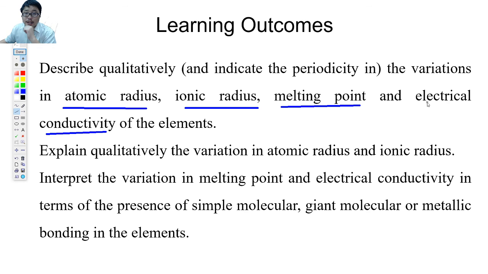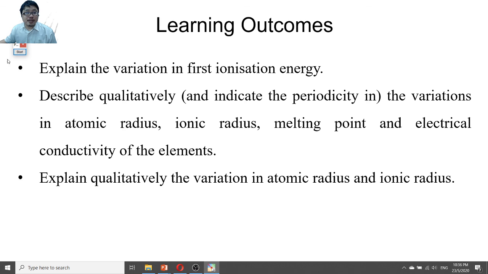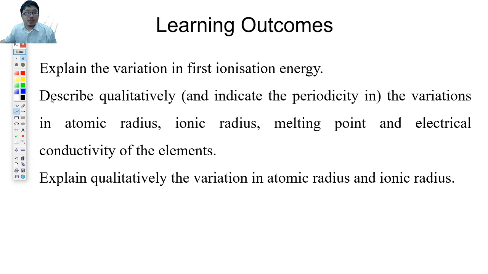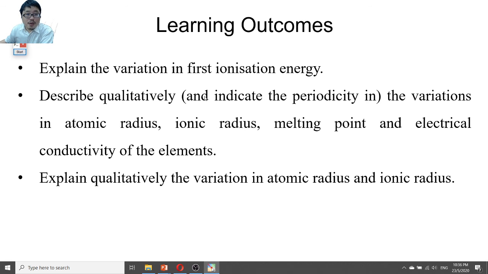Electrical conductivity: metals high, silicon medium or relatively poor but still a little bit, and non-metals none. And last but not least, are you able to explain the variation for first ionization energy? With that being said, I'm done. Thank you very much.